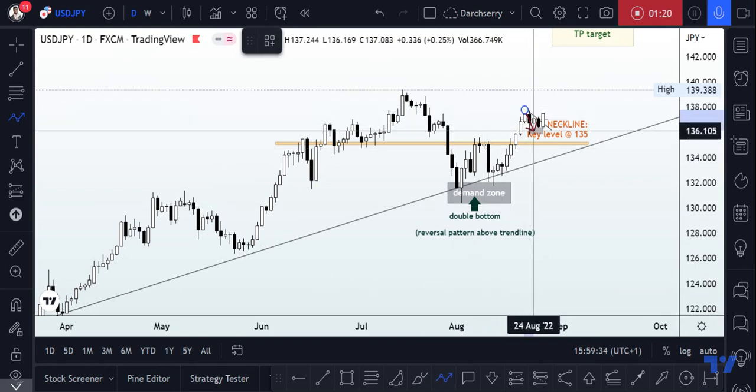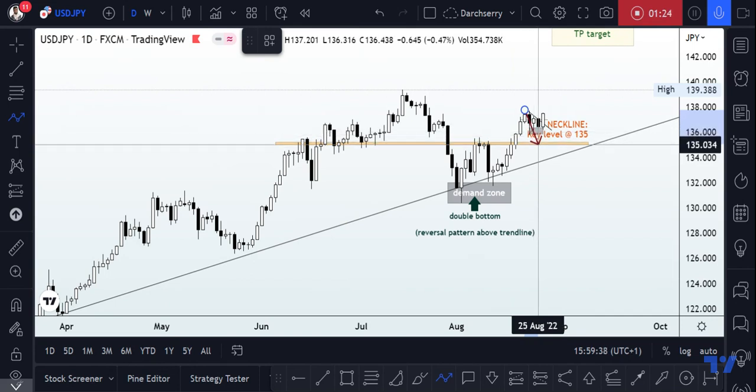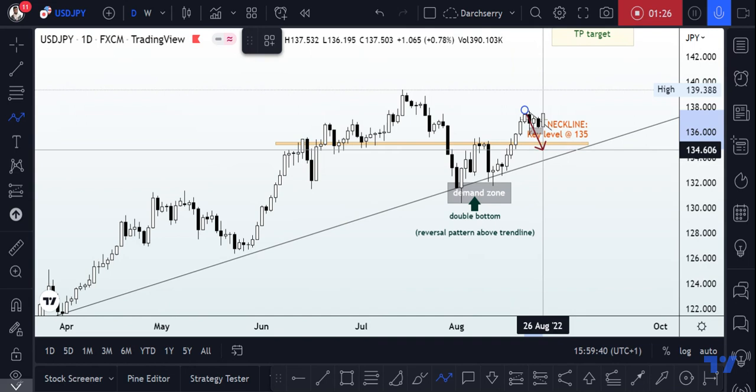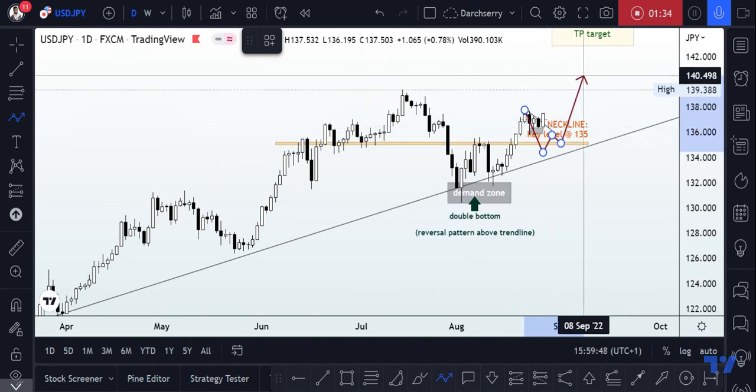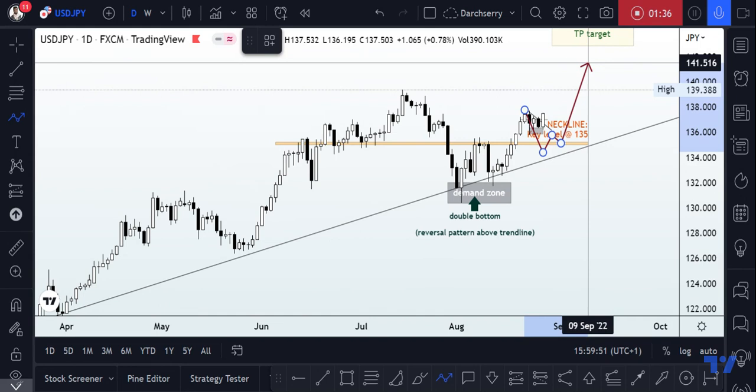From a theoretical point of view, we expect that after the breakout of the neckline of a reversal pattern like this, price will come back into the neckline area to do a retest of structure, where we will be looking forward to a trend continuation to the upside.